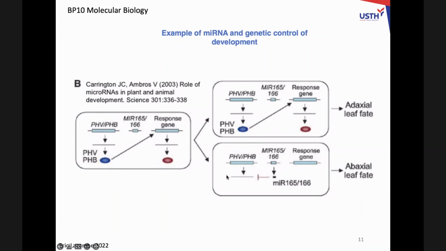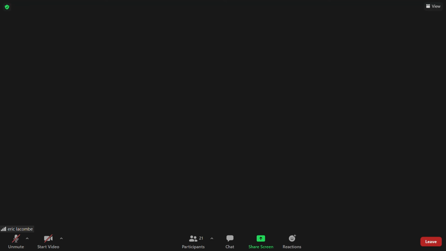But only in the cells that are going to be the abaxial cell layer, only in that layer, this MIR gene is expressed, and the consequence of its expression is the degradation of the regulator, and so you don't have any more expression of the target response genes. So you see the process here. Do you follow this process?